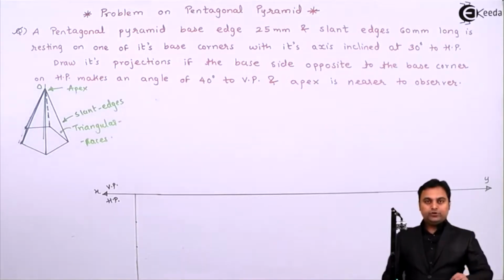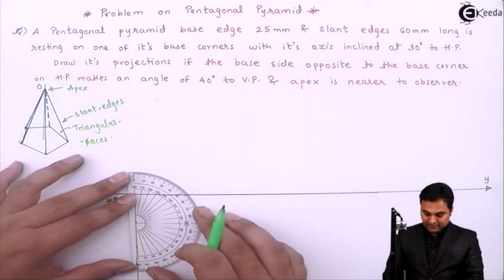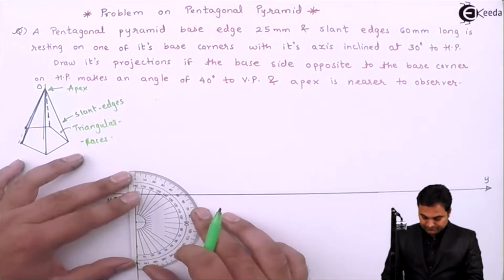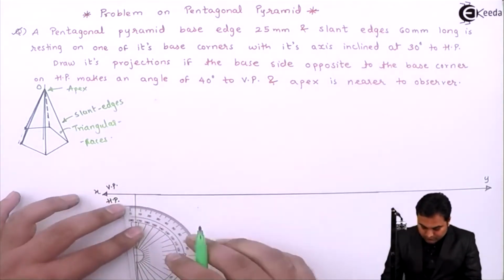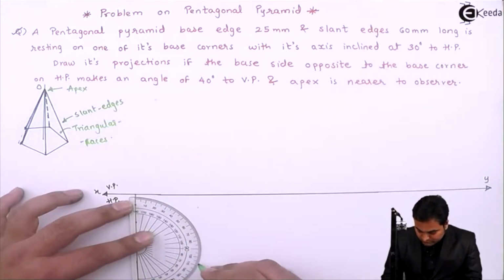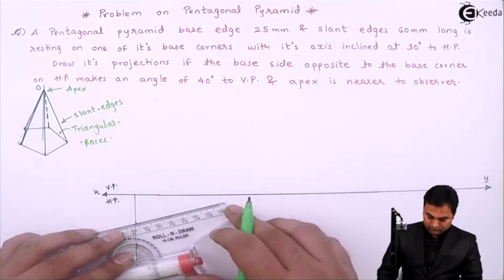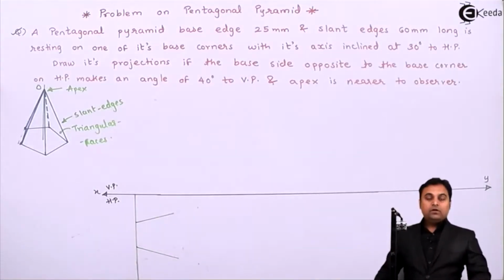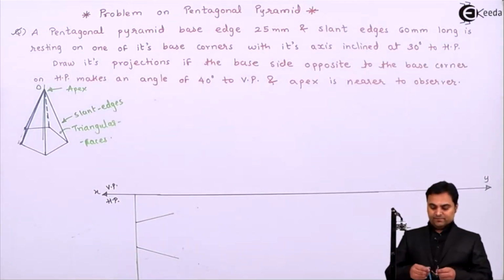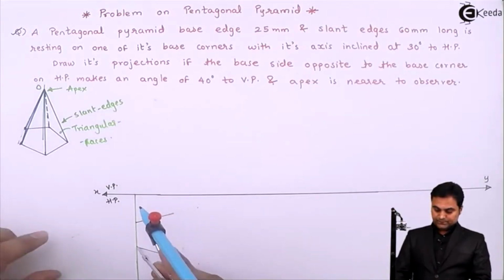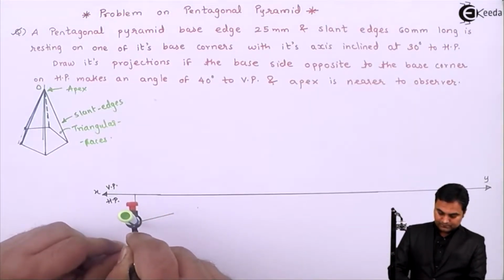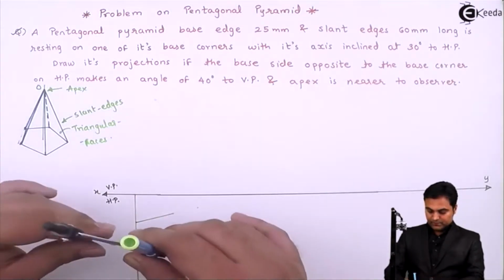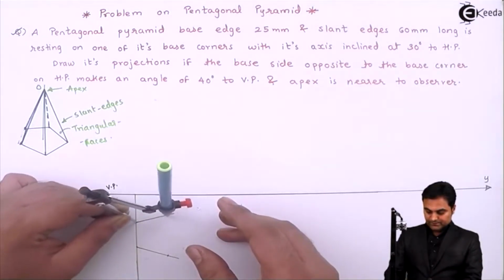And then in order to draw the pentagon, the edges are inclined at 72°. Then marking this 25 mm base edge onto this side and even on the other side.